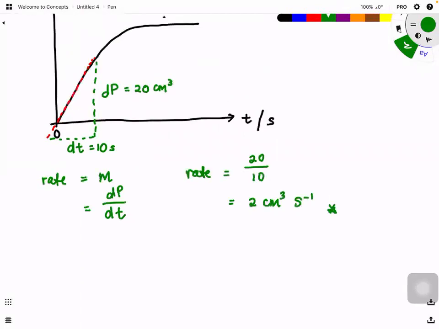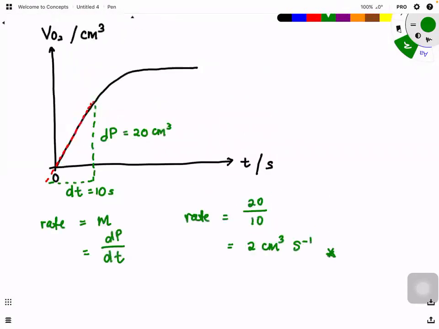Okay, so you will calculate, correct or not? Generally very simple. In this case, you can see that my initial rate of reaction equals 20 cm3 over 10 seconds. So initial rate of reaction is very high.